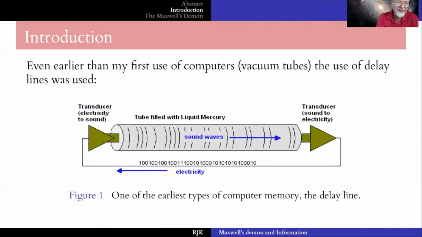If you remember when I talked about the first computer I had ever used, vacuum tubes, in 1963. There were actually many earlier versions of computers, and one of them used delay lines. The way this worked was that there was a tube of liquid mercury, and you would create waves of sound, changing electricity to sound.